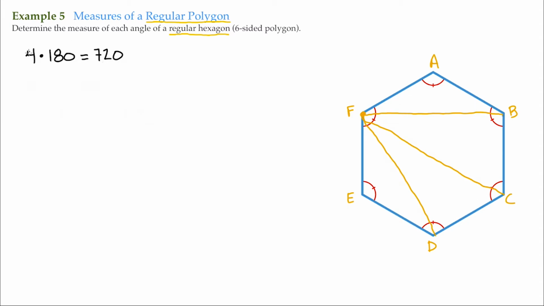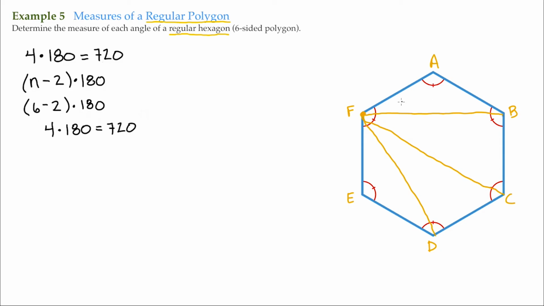We can generalize this formula by saying n, and n stands for the number of sides of a polygon, minus 2, and then we multiply that by 180. Now since this is a 6-sided polygon, that would mean 6 minus 2 times 180. 6 minus 2, of course, that's 4 times 180, and that's again equal to 720.